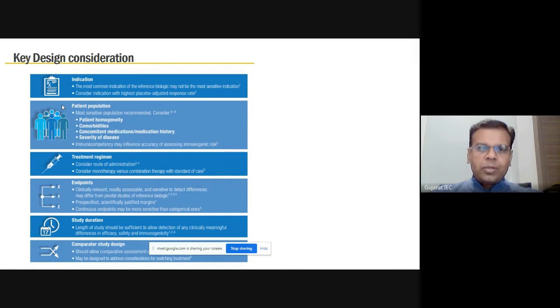An indication would bring you to the type of patient population. What type of patients would we be looking at? Say if you're looking at patients with rheumatoid arthritis, how much should be the degree of rheumatoid arthritis? How many joints should be affected, how many tendons should be affected? Those would also be important areas to consider during the design of the study.